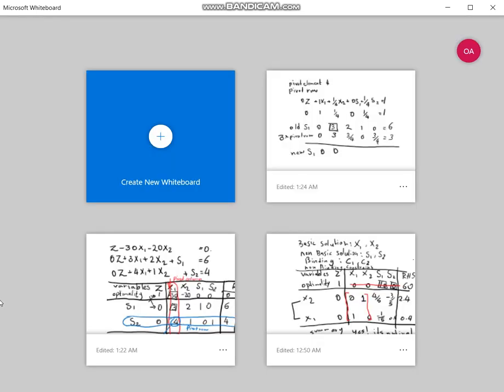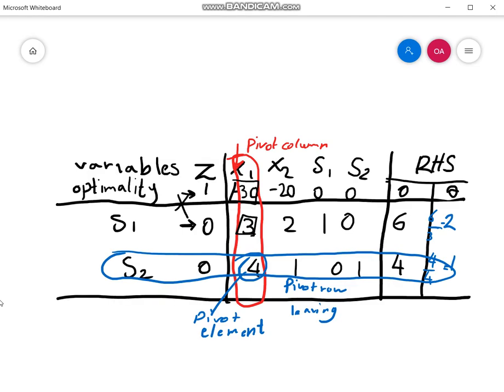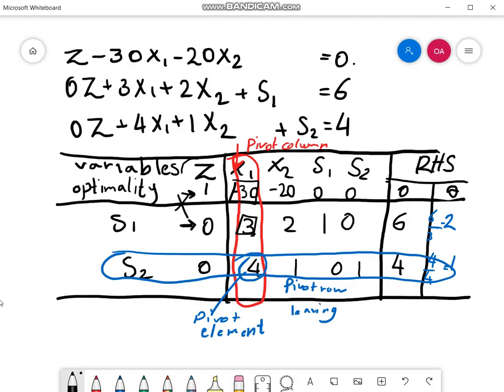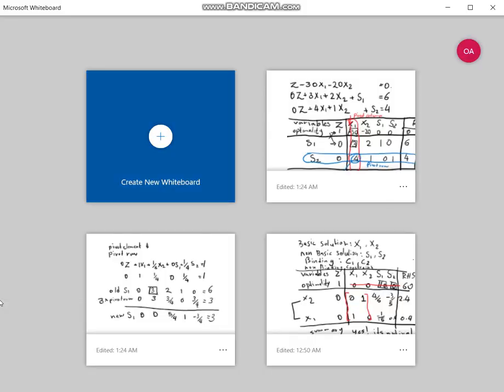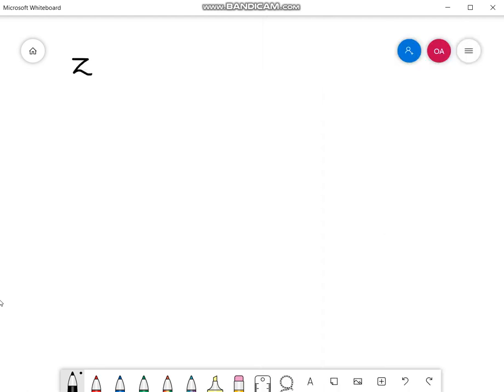Then I'm gonna change my z formula right now. So I want to check this equation. My z equation would be z minus 30 x1.